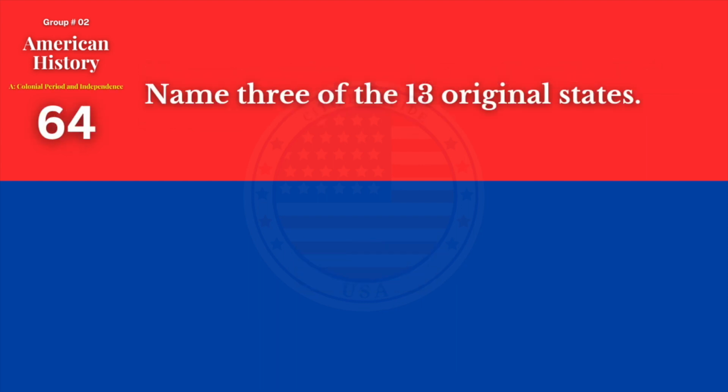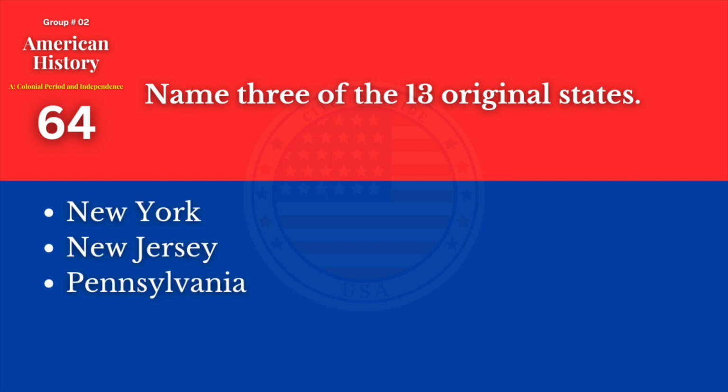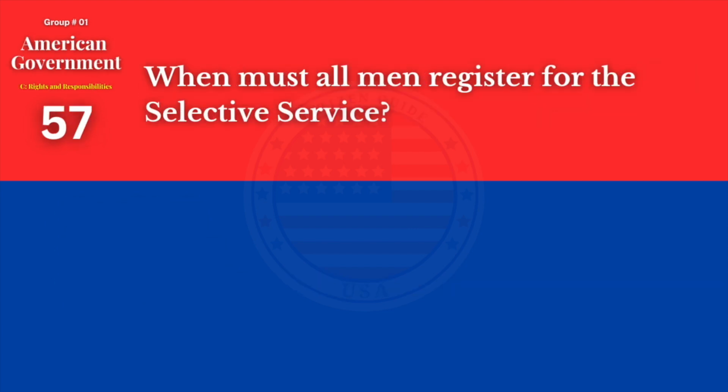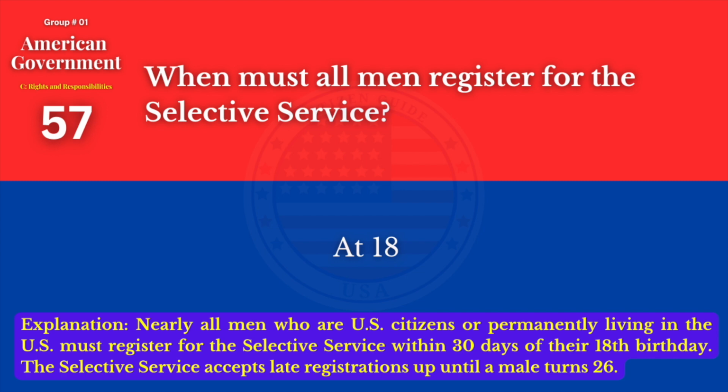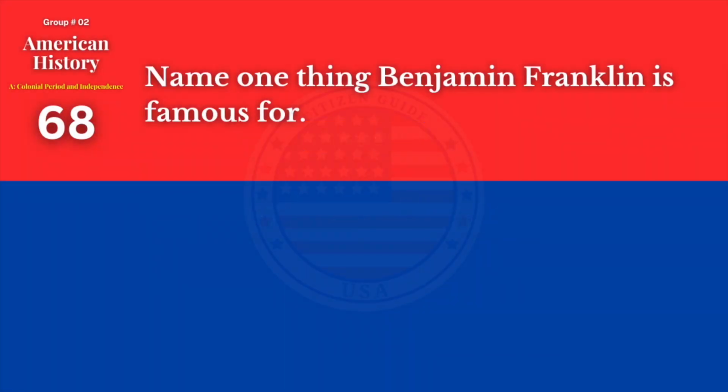Name 3 of the 13 original states. New York, New Jersey, Pennsylvania. When must all men register for the Selective Service? At 18. Name 1 thing Benjamin Franklin is famous for.